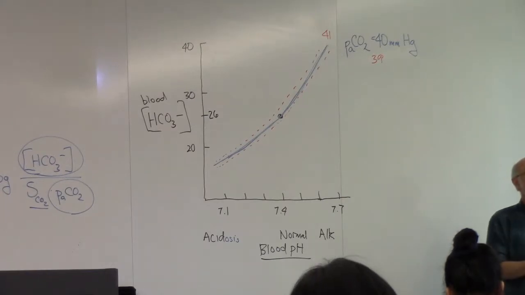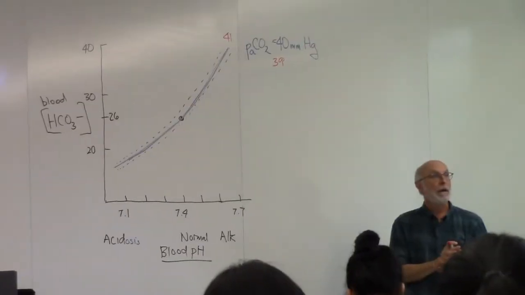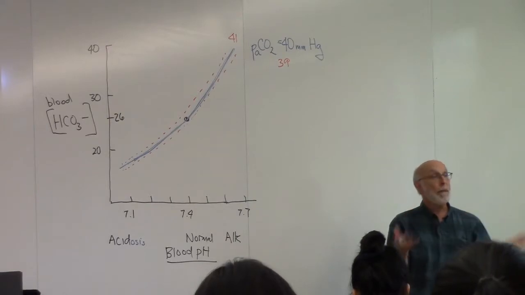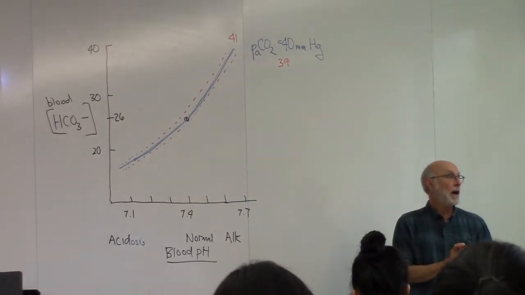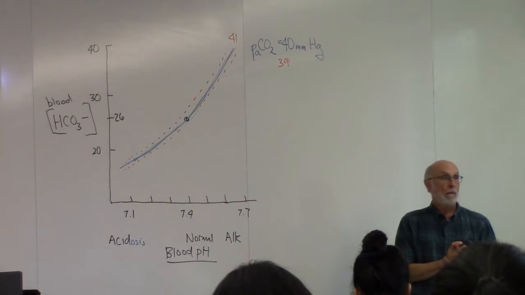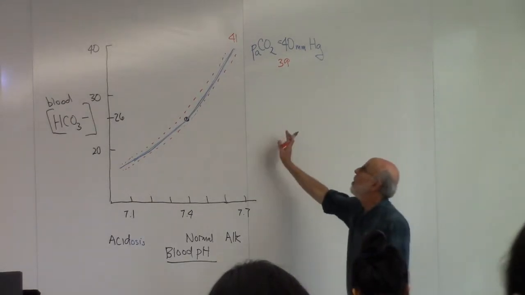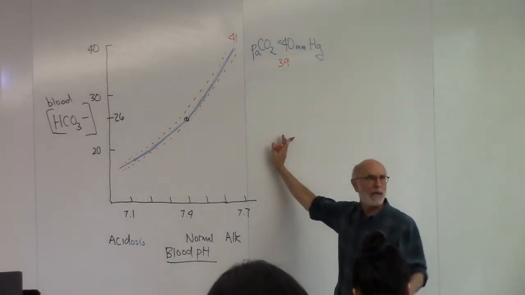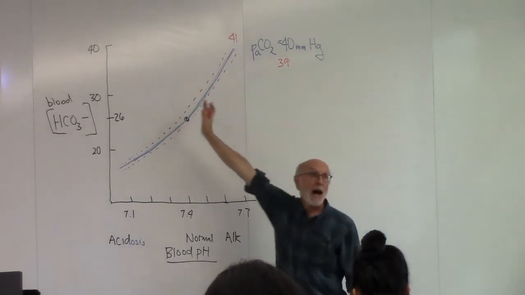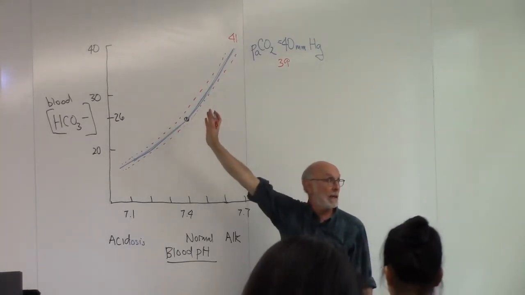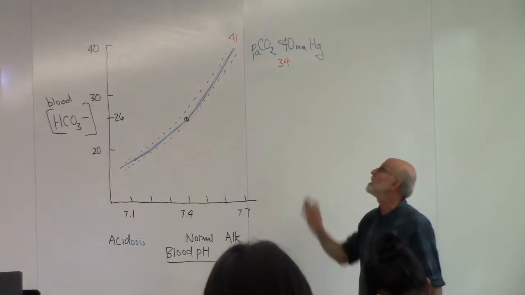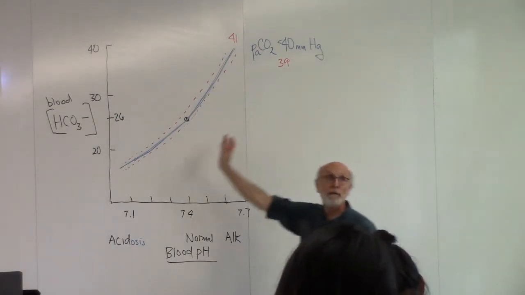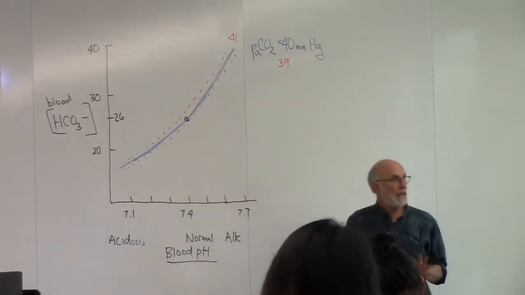So the Davenport diagram that you have shows 3 sample Henderson-Hasselbalch equations. One with very low PCO2, like 20, is that the one you have? And one with very high PCO2 of 60. But there's a whole family of curves in between 40 and 20 and in between 40 and 60. Okay, that's the thing to realize.